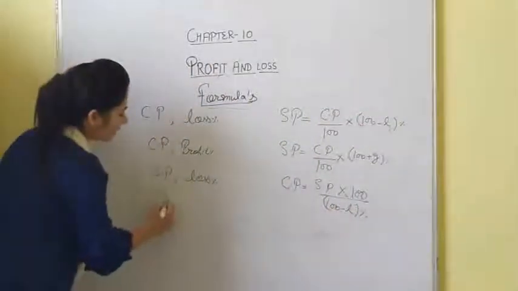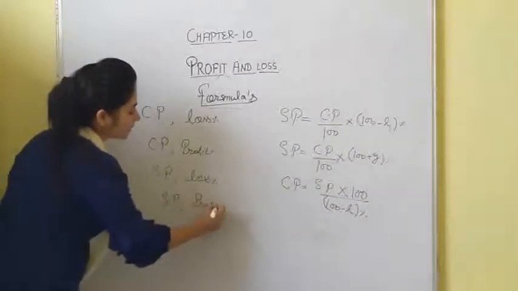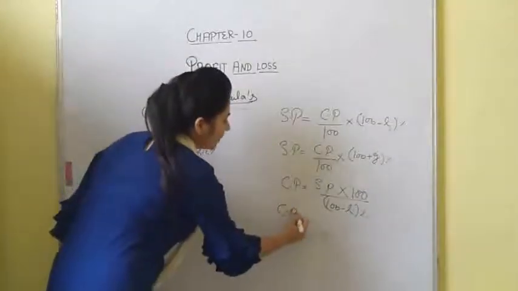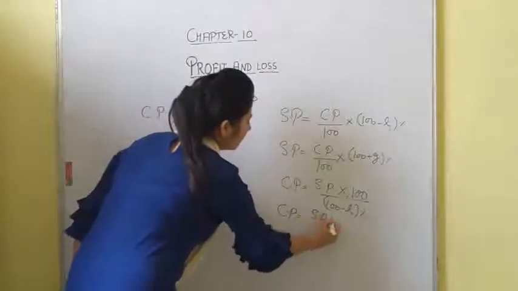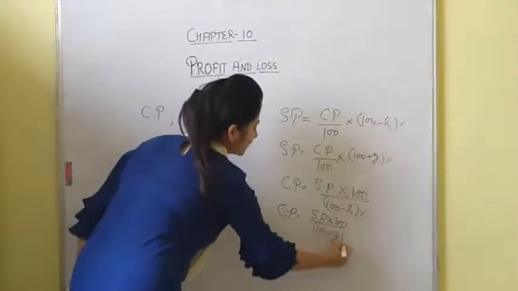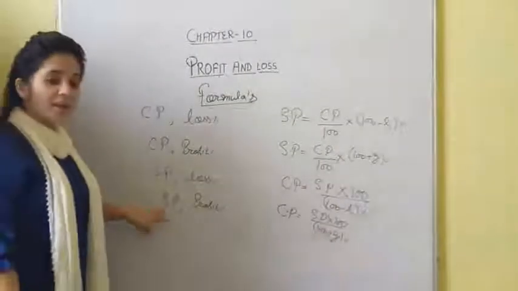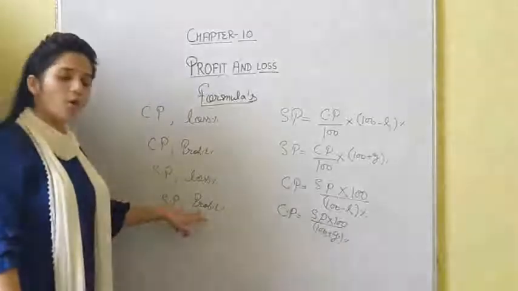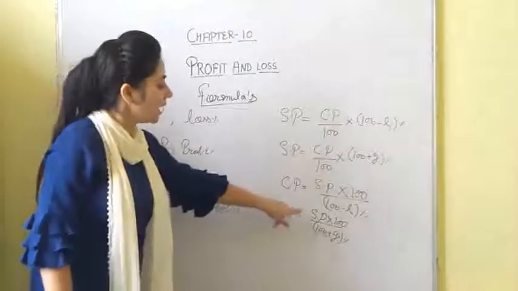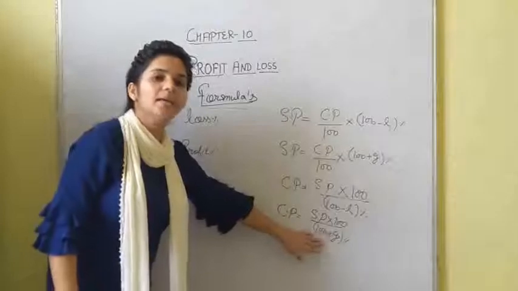And the last one is when we have SP and profit percent, then formula for finding CP is SP multiply 100 divided by 100 plus gain percent.